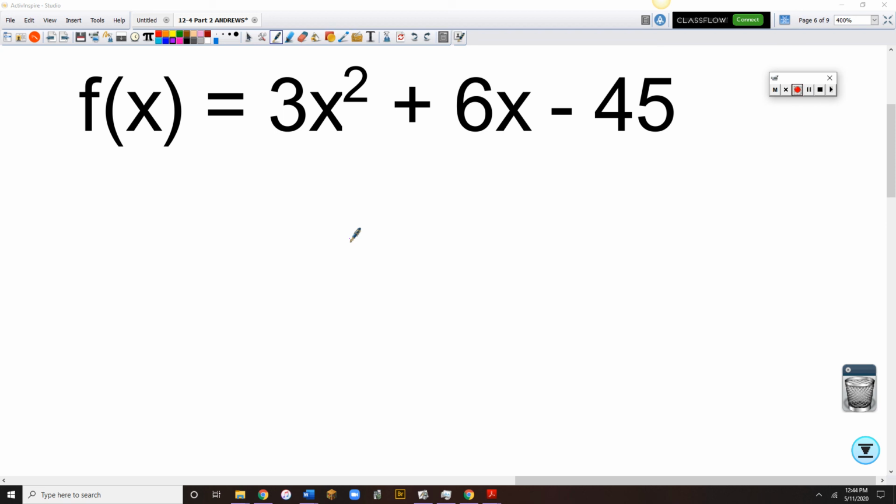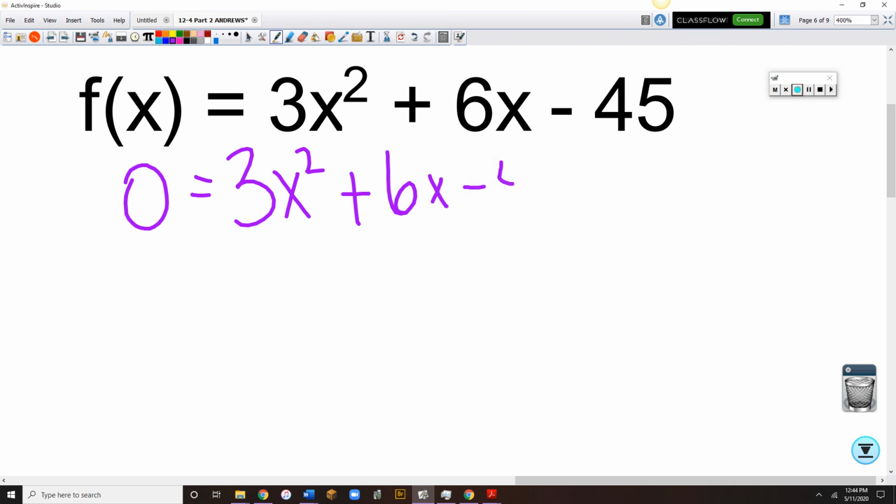Sometimes you might be asked, what are the zeros or the roots of a function? Remember that zeros and roots of a function are the exact same thing as solutions to the equation. In other words, if I said 0 equals 3x squared plus 6x minus 45, that is the equation, this is the function.